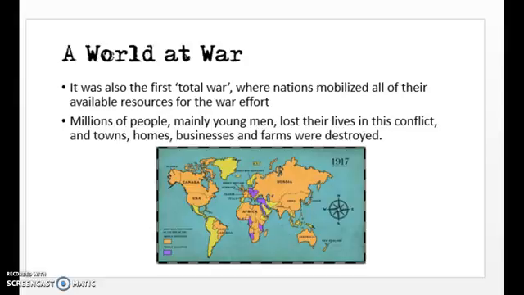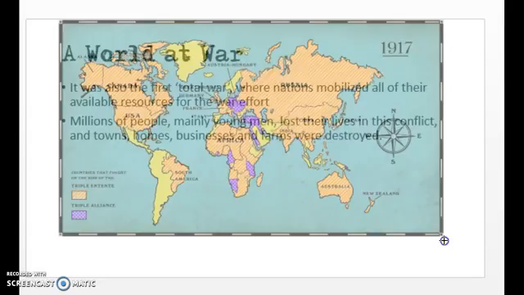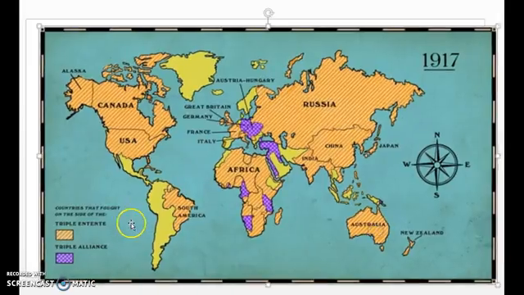As you can see in this map right here, these are all the countries in the world that were a part of this war. Take a look at that just for a second. Any country that does not have orange or purple was not in World War I. So you can see there are not many countries that are out of this war.